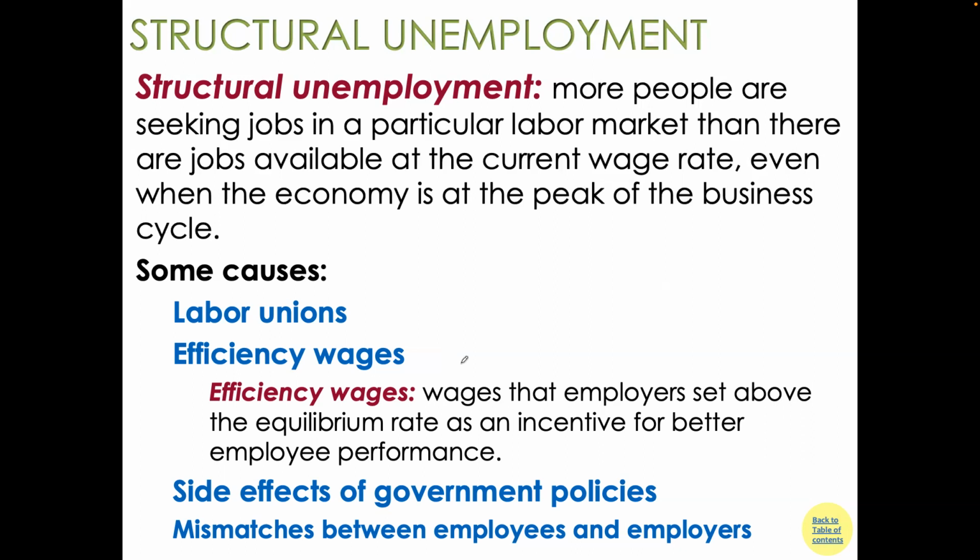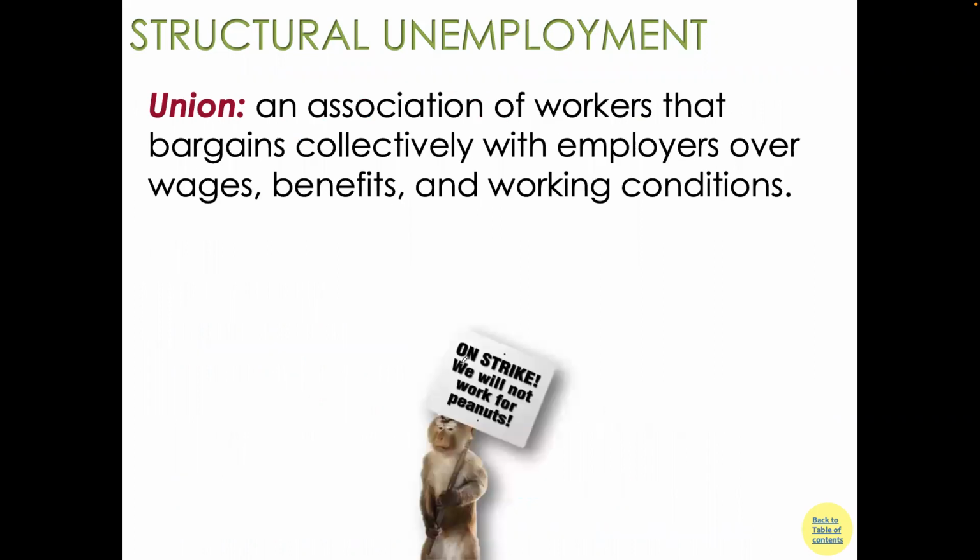There are the following reasons. Labor union. What is a labor union? In Michigan, there's the largest labor union in the United States, the auto worker union. What is the purpose of a labor union? Why do they need a union? Union essentially is an association.